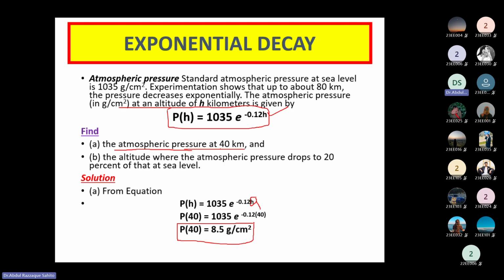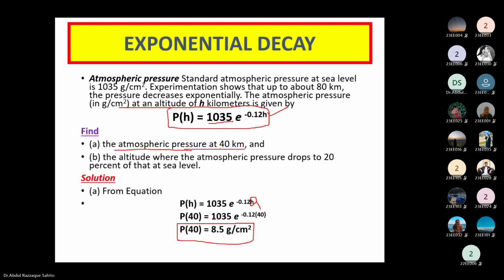So now tell me, as the height increases, what happens to the pressure? Does it increase or decrease? Initial pressure is 1035.